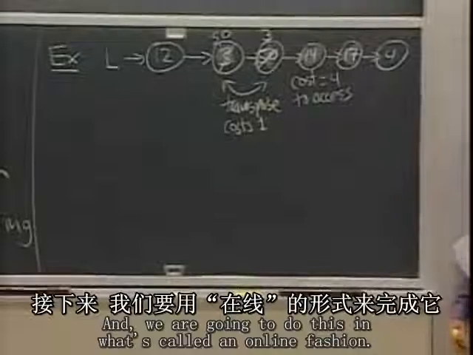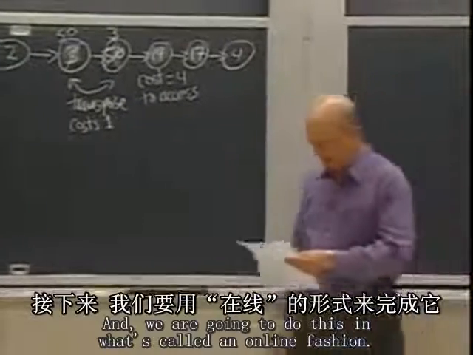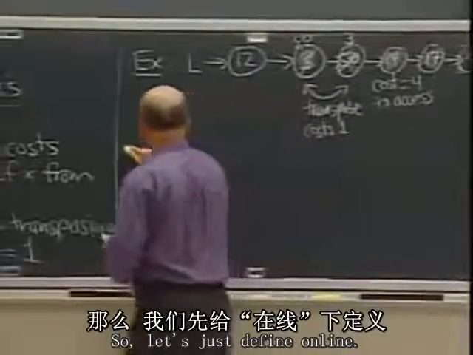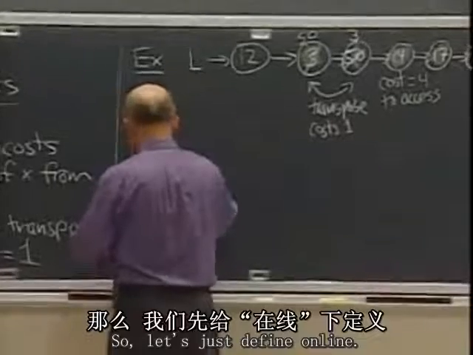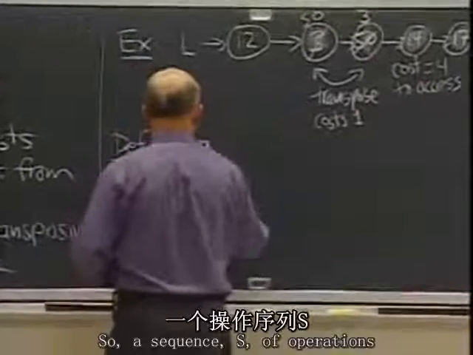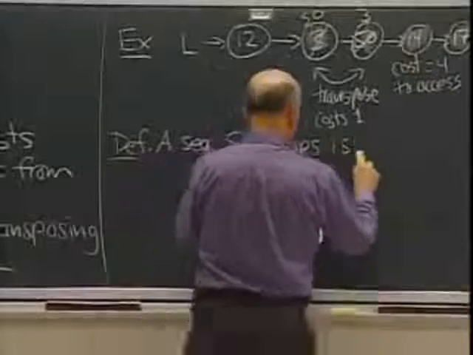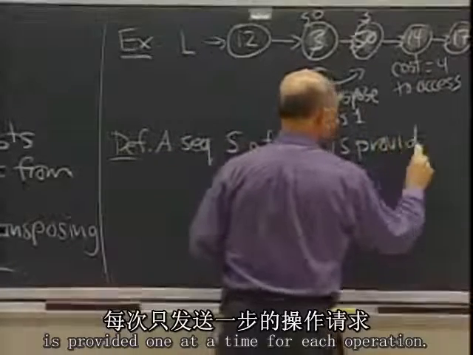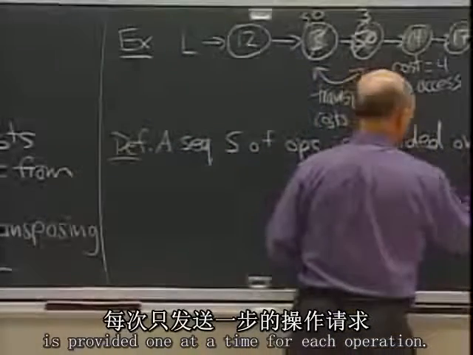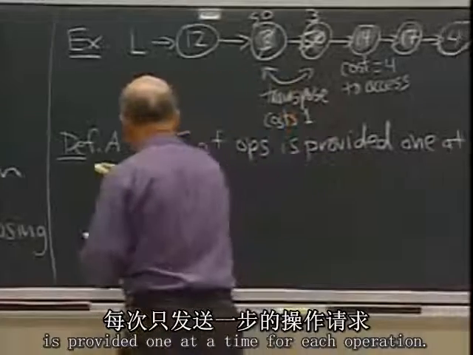And we're going to do this in what's called an online fashion. So let's just define online. A sequence S of operations is provided one at a time.